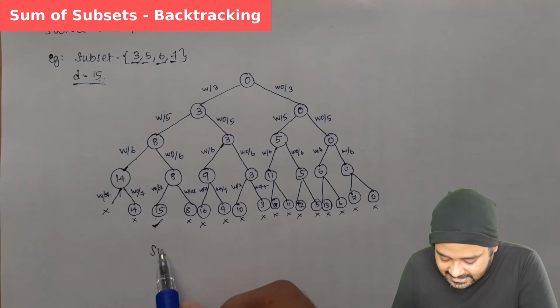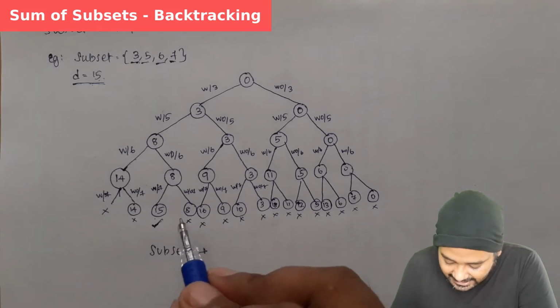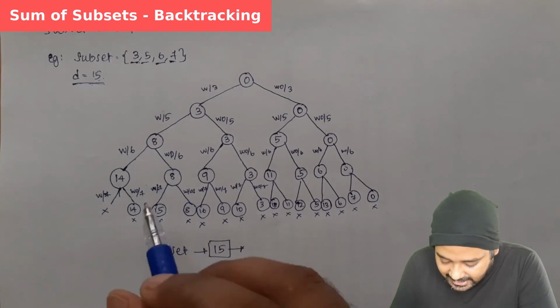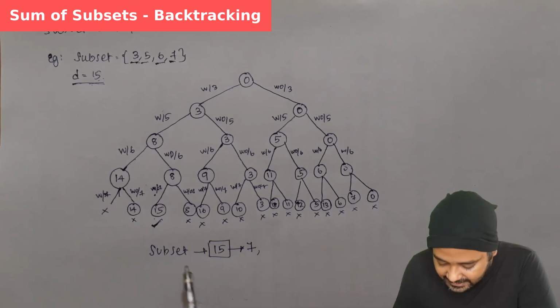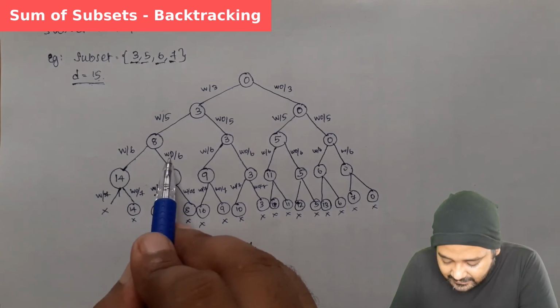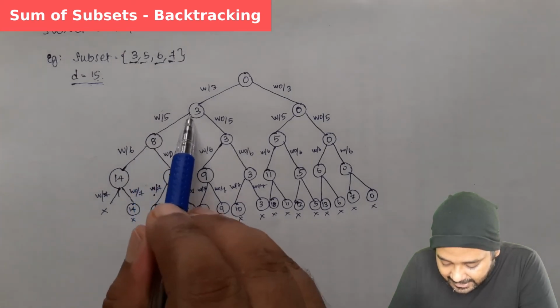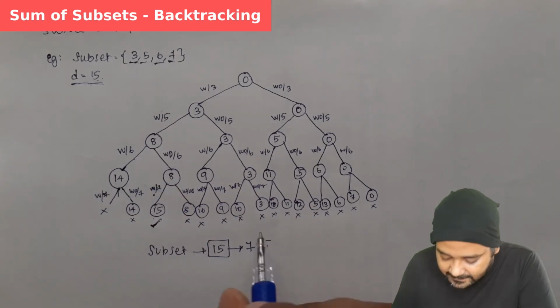Okay, so here my subset will be what I have done. I have obtained a total value of 15. How I have obtained it: I have obtained it with 7. So with 7 I'm marking 7, right? Without 7, I'm just not marking anything. And then again backtracking, I'm traveling with 5, so I'm adding 5, right?